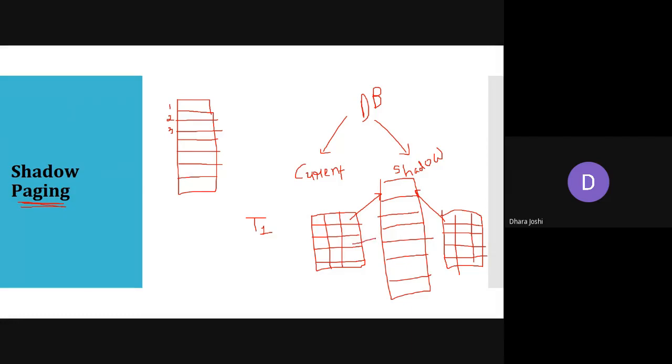Suppose this points here, then in the same way this also points to this. And this points here, this also points here. This is called identical. So initially when the transaction is getting started, both these pages, the current page table and the shadow page, are identical in nature.